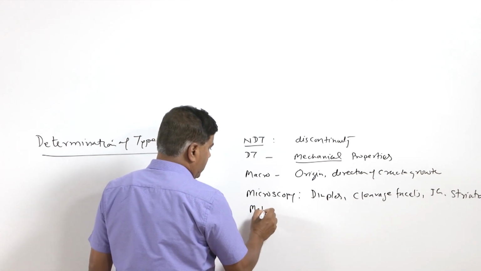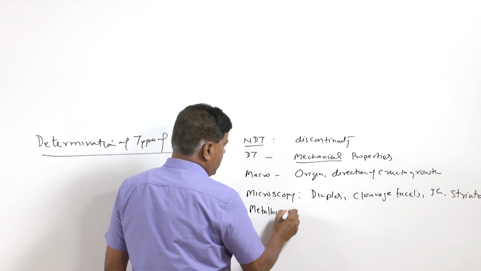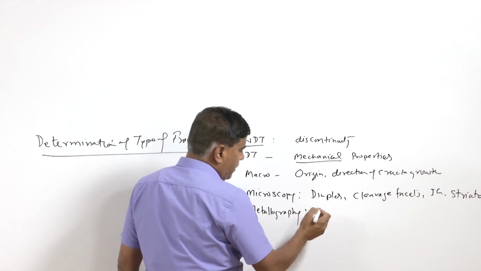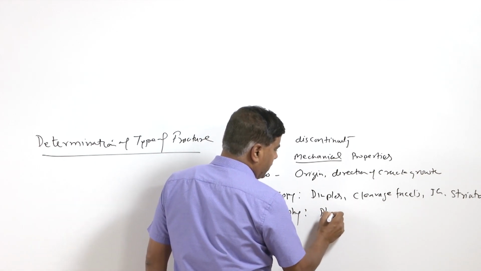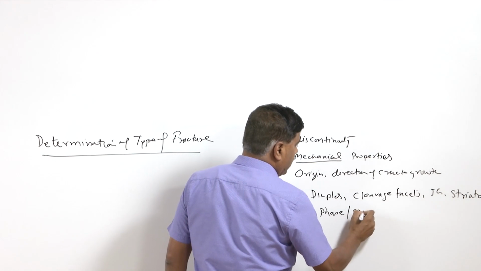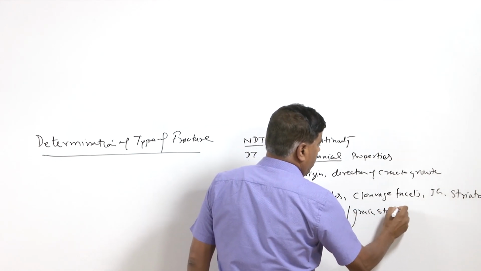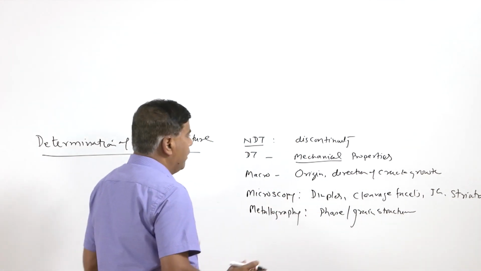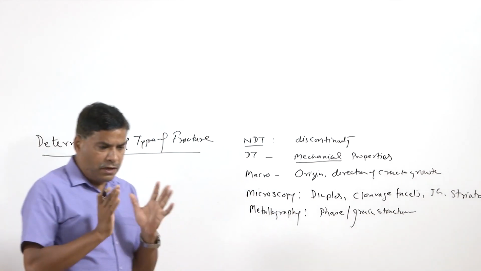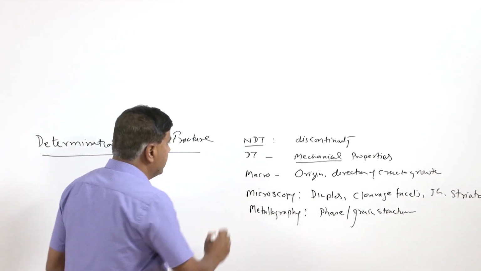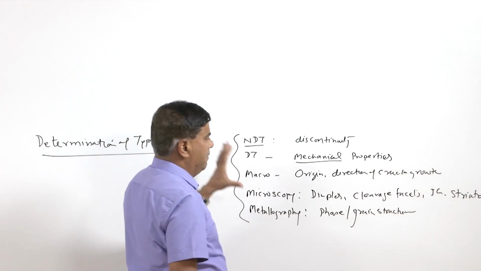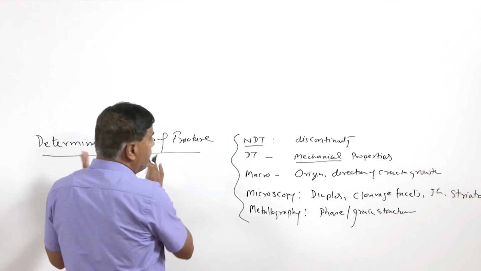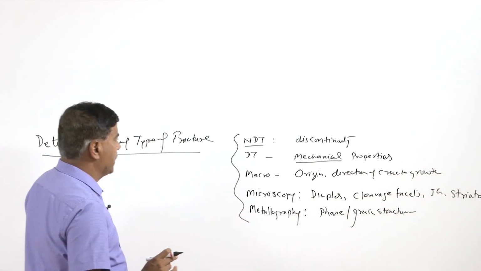Apart from that, metallurgy, which is a very important aspect related to failure analysis, is used for determining the phase and the grain structure present in the failed component. So, basically in front of us now we will be putting the information related to all these things which have been completed for determining the type of fracture which has taken place.